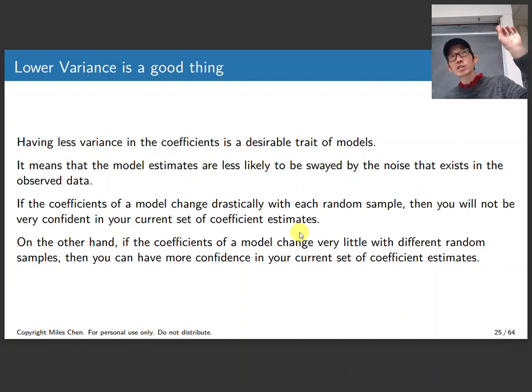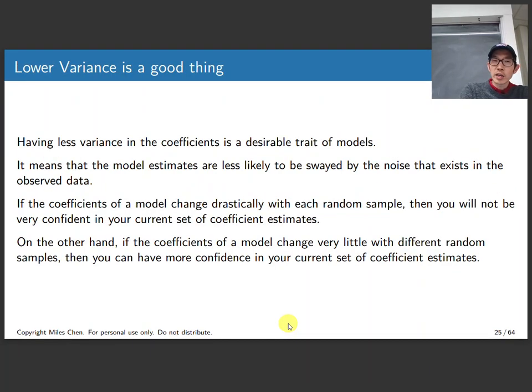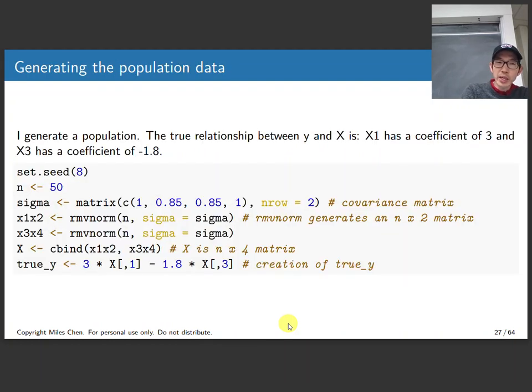It means your coefficient estimates for W1, W2, or whatever it is are less swayed by the noise that exists in the data, all right? If you did have things that change drastically from one random sample to another, you want to be very confident in your current set of estimates. So lower variance is a good thing, okay? The trade-off, though, is that you bring in bias. You bring in bias, okay?